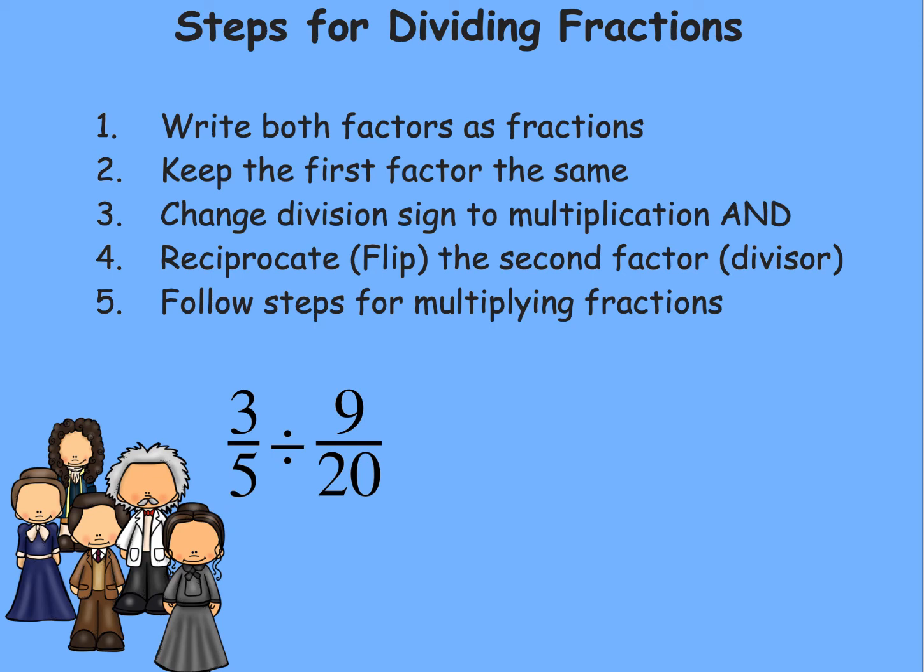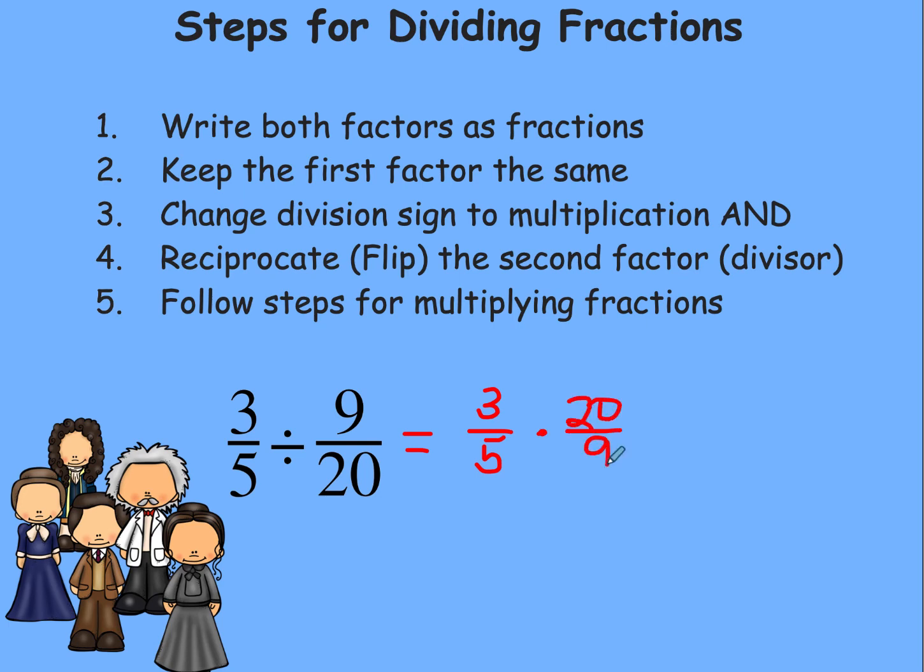So in other words, we're going to keep 3/5 exactly how it is. Then we're going to change the division sign to multiplication. Then we're going to reciprocate or flip the second factor, or the divisor. So 9/20 is no longer going to be 9/20. We're going to write it as 20/9.